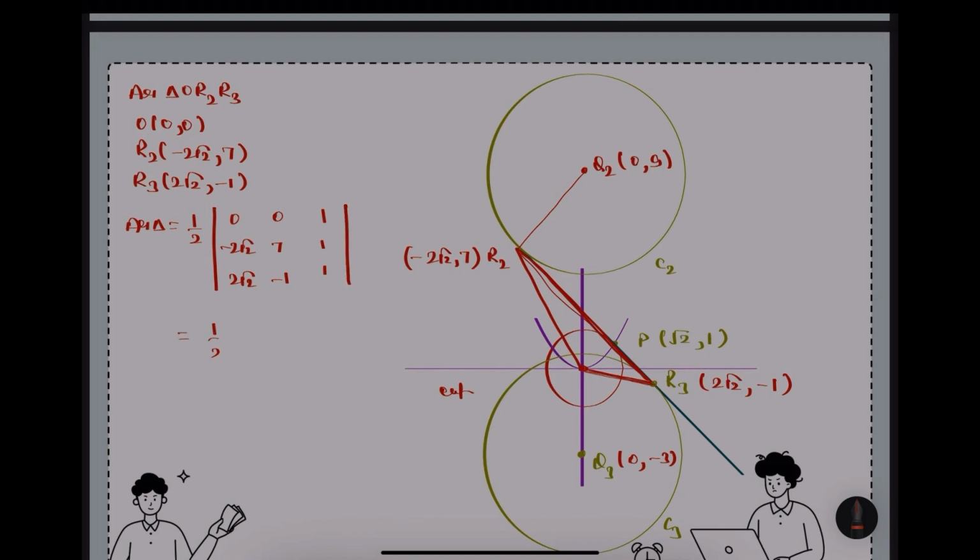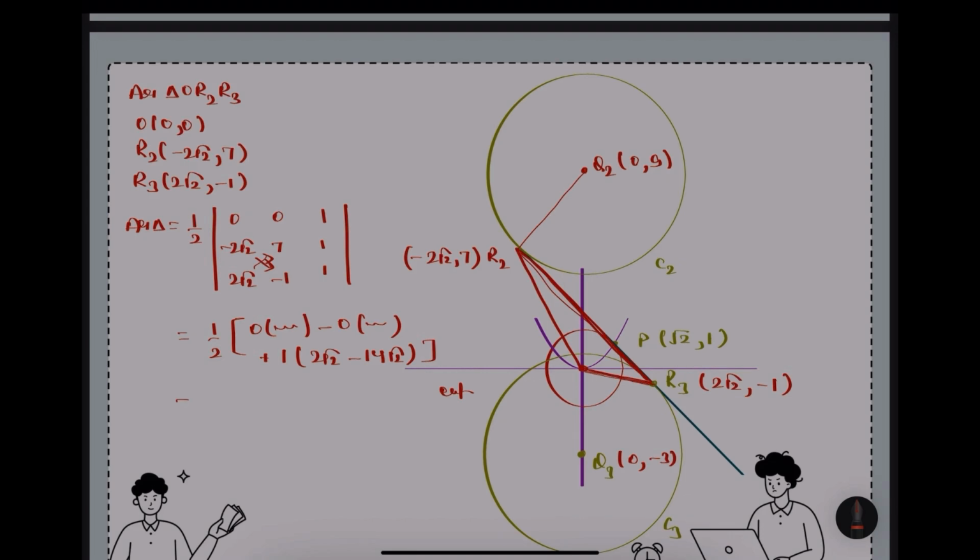So 1 by 2, 0 into anything is 0, minus 0 into anything is 0, plus 1 times this minus this: 2 root 2 minus 14 root 2.